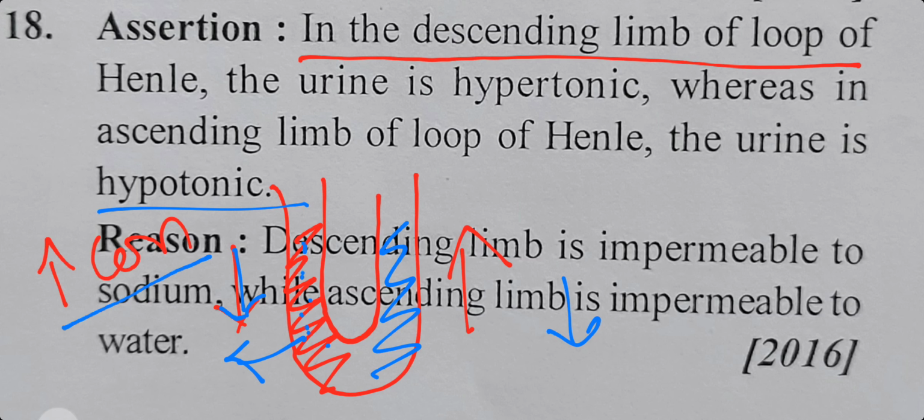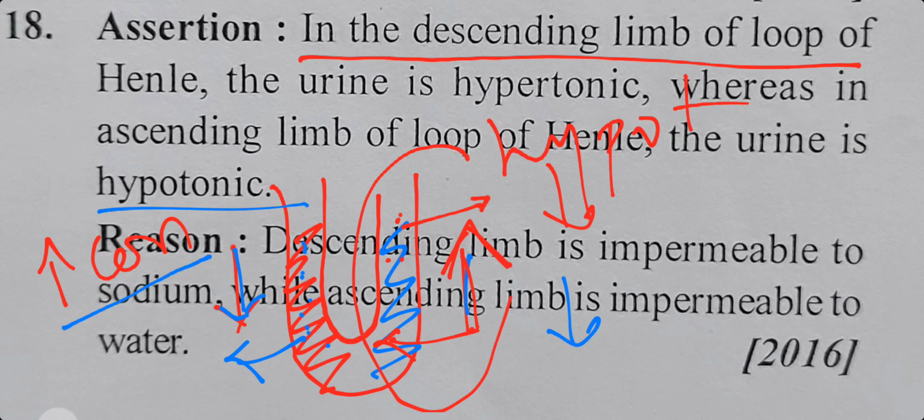On the other side, the ascending limb is permeable to ions. Here absorption of ions takes place, and then the concentration of urea will decrease, which leads to a hypotonic solution on this side.